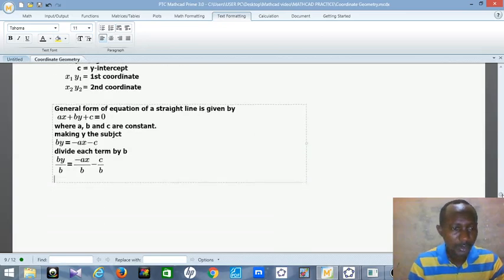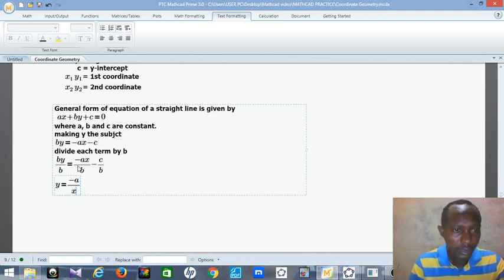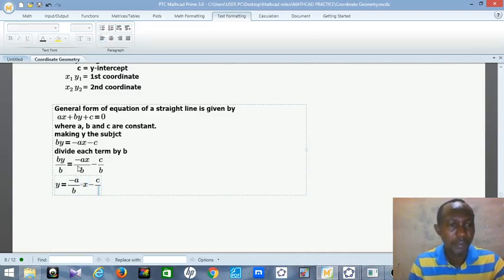So when b cancels out, you are going to end up having your equation of a straight line as y equals minus a over b x, then minus c over b.